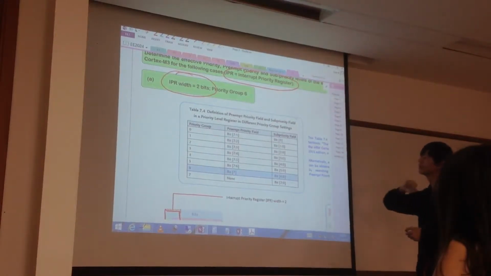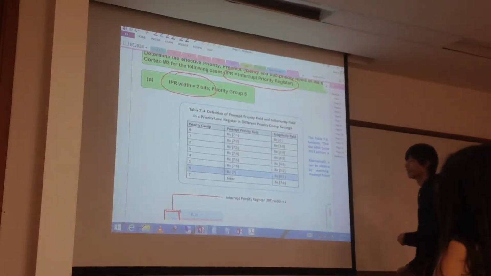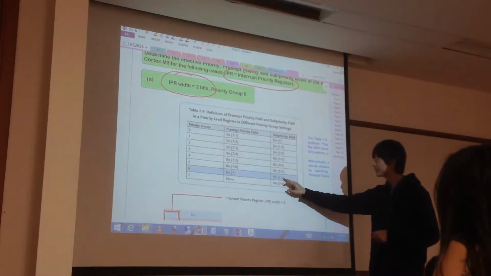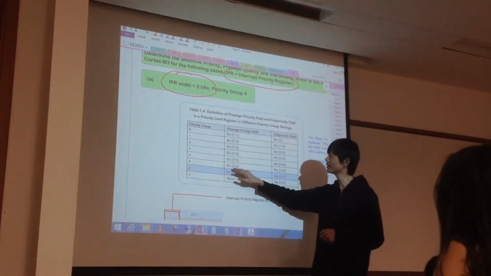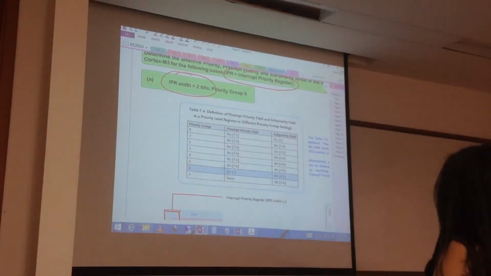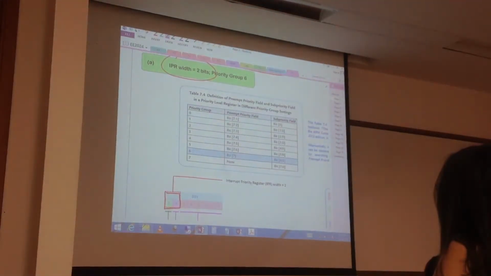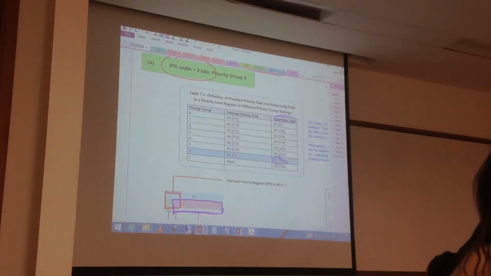Here, we are told to use priority group 6. So bit 6 to bit 0 is sub priority. Bit 7 is preempt priority.